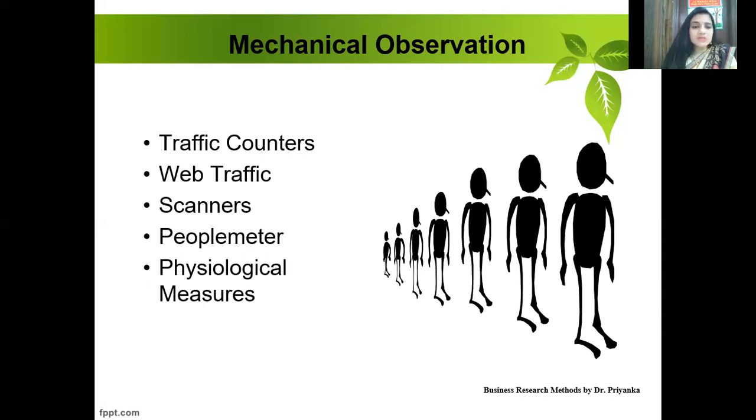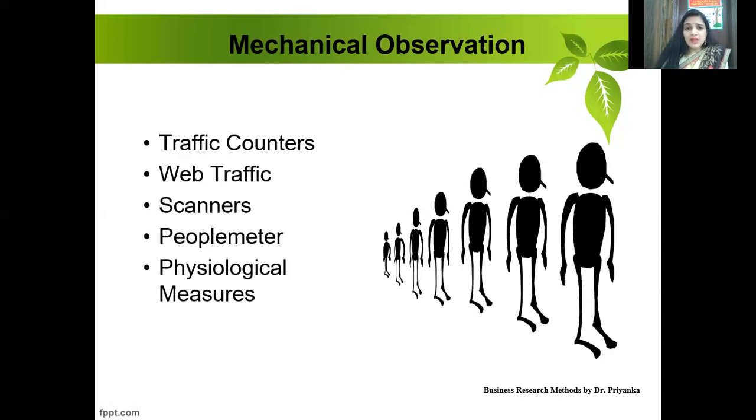Physiological measures are basically related to their psychological behavior and the way they behave when something comes up. Maybe you are giving a statement and you might check their emotional level, whether it goes up or down. Some things can be measured through physiological measures. These are further divided into 4 parts. We will just study them.